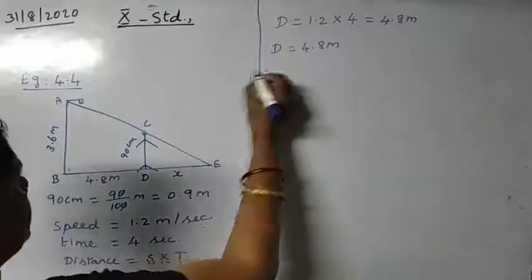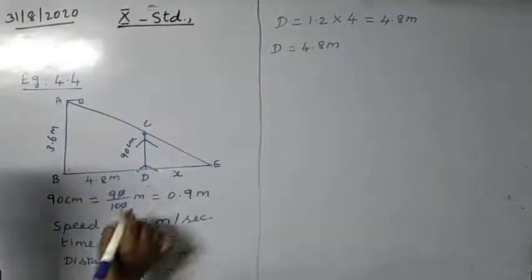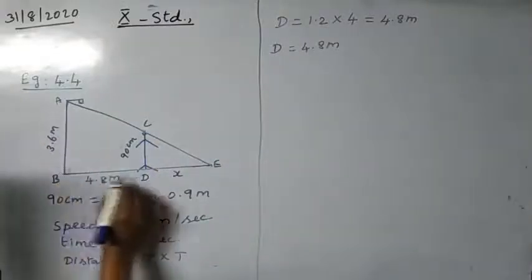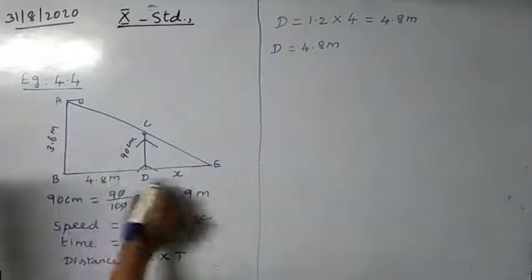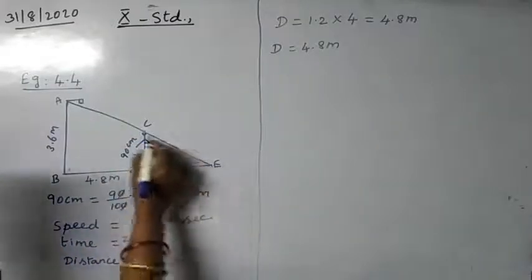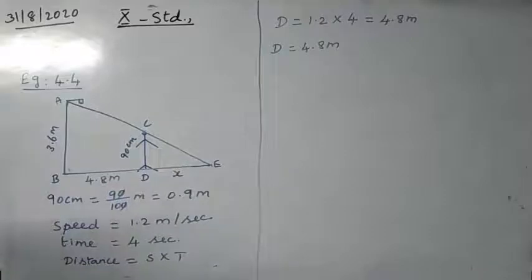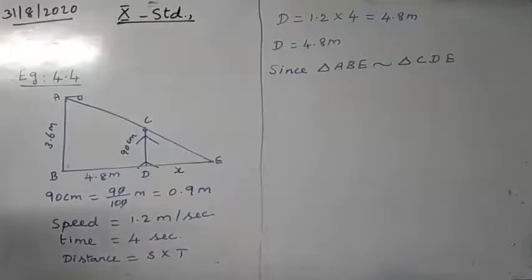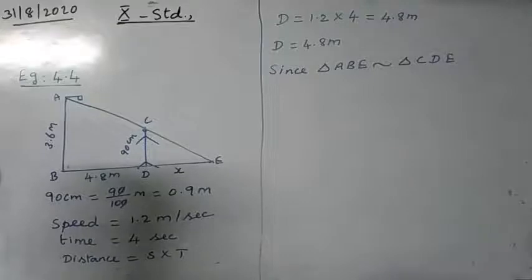Now let us take the similar triangles. So I can take it, these two triangles are similar. What are the triangles? ABE, one triangle, and CDE, another triangle. Since triangle ABE is similar to triangle CDE, we can write its sides as proportionality.